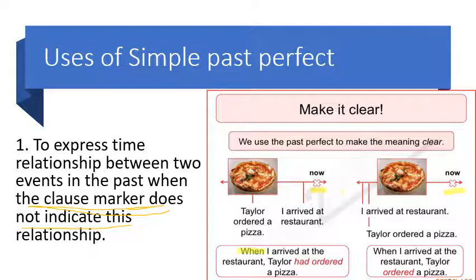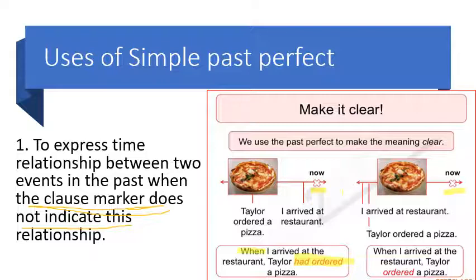Therefore, if you see that in the first sentence, without the past perfect, Taylor had ordered pizza, without this, it will mean the same meaning as the second sentence, and they will both indicate that the order of pizza is at the same time as his arrival at the restaurant.